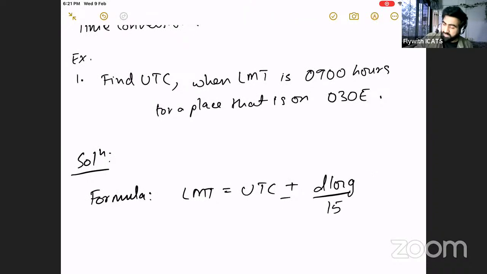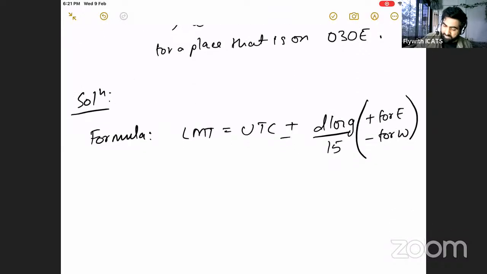In the formula you had plus for east, minus for west. Your LMT is 0900. You want to find UTC. Longitude is east. We will take plus over here.